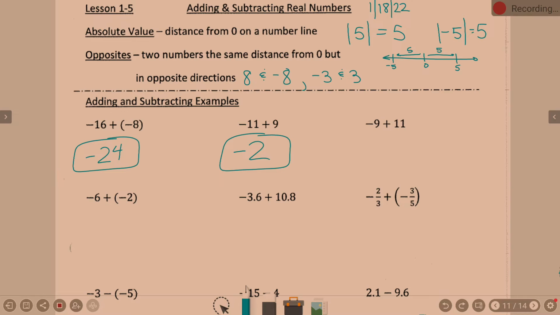Okay. It's a negative plus a positive, so again, two different signs, we're going to subtract. So 11 minus 9 is 2. I agree with that. Now, do we agree with our sign? Which number is bigger, 9 or 11? 11's bigger, and what do we know about 11 this time? It's positive. So this is going to be a positive 2.